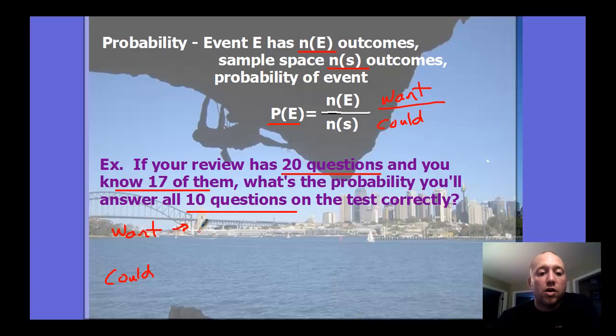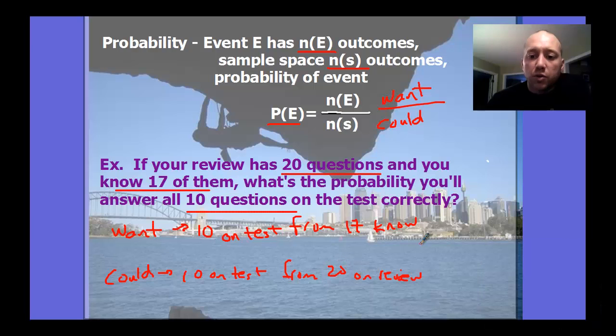You want the 10 questions on the test to be from the 17 you know, because if you want to get them all right, you don't care which of the 17, you just want 10 from the 17 you know. What could happen is that the 10 that are on the test could come from any of the 20 on the review.